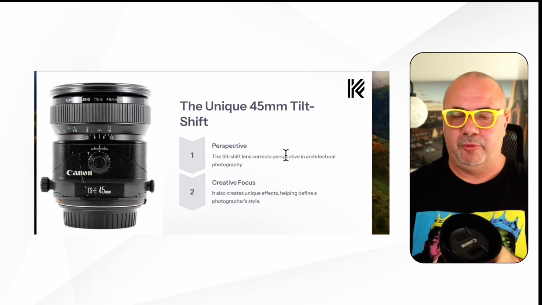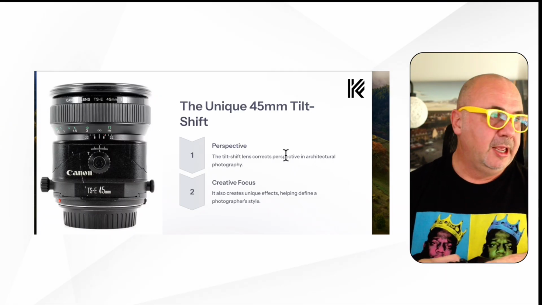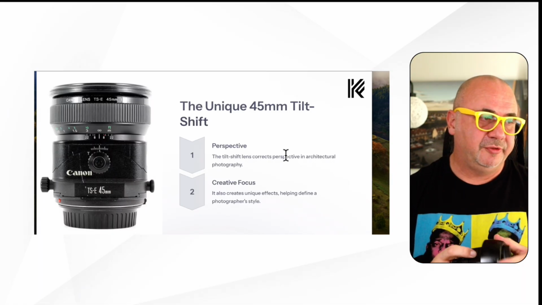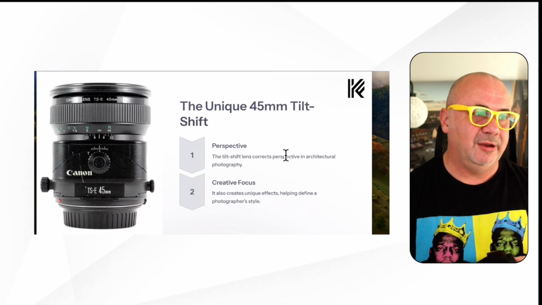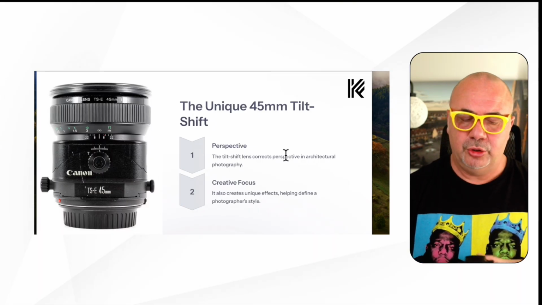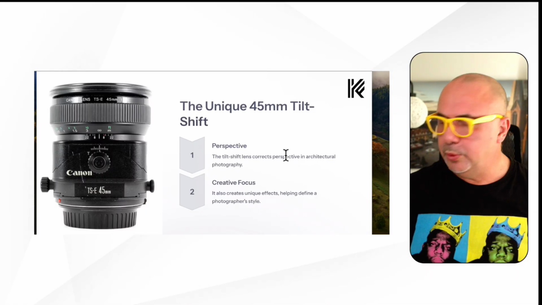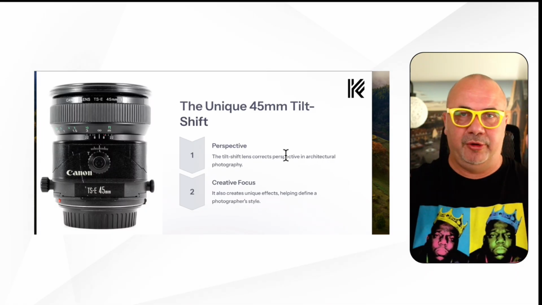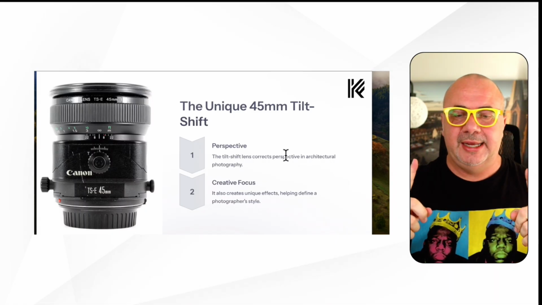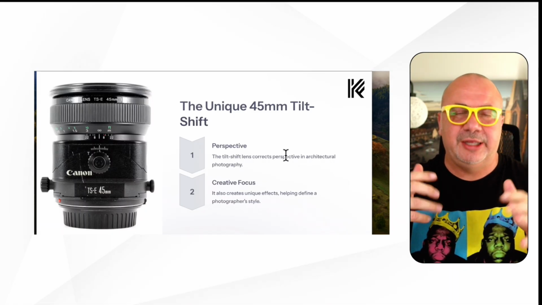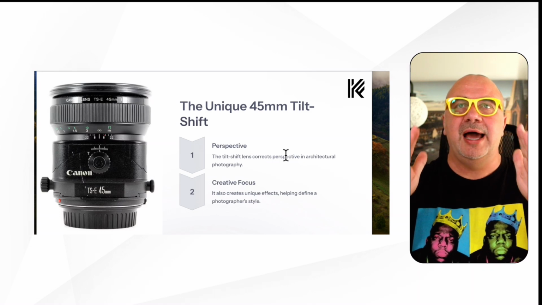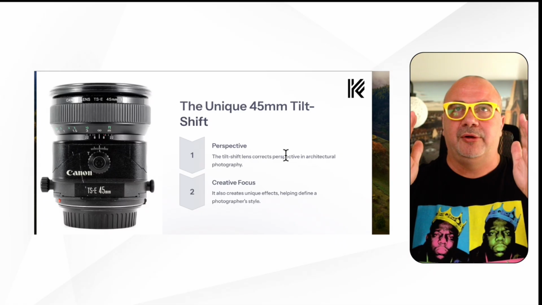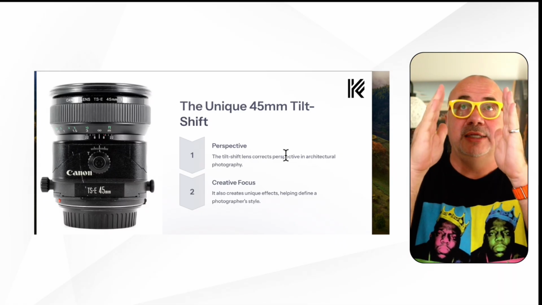This lens is not really designed for portraits. It was designed for, like it says here, perspective. The tilt shift lens corrects perspective in architectural photography. When you're taking pictures of buildings, say you're photographing a skyscraper with a regular lens, you'll notice that architectural photographers know this, the lines are not how our eyes see it. The nature of glass creates this curvature, and the lines don't look natural.